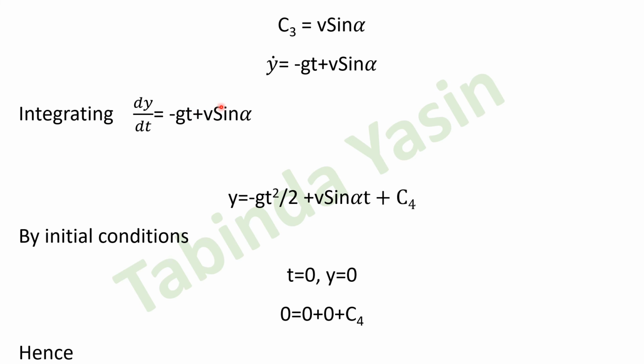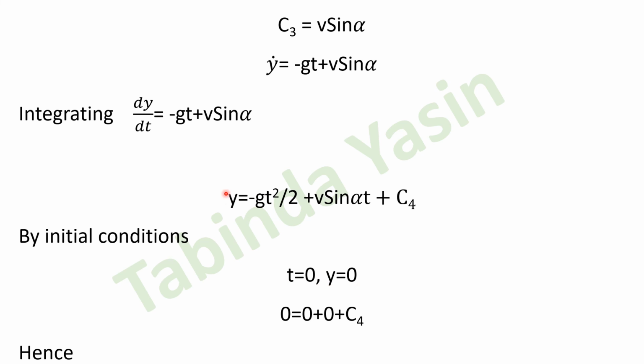So again y dot is equal to dy over dt. Substituting that value, dy over dt is equal to minus gt plus v sin alpha, and integrating it, taking dt on the right hand side, we get y is equal to minus gt square over 2 plus v sin alpha t plus c4. Now again applying the initial conditions, t is equal to 0 and y is equal to 0. When time is 0, the height y is equal to 0.